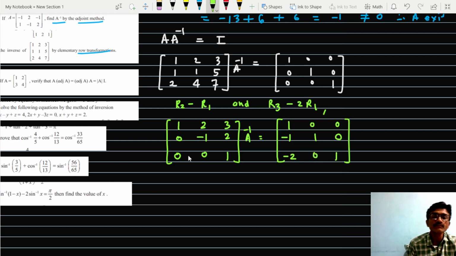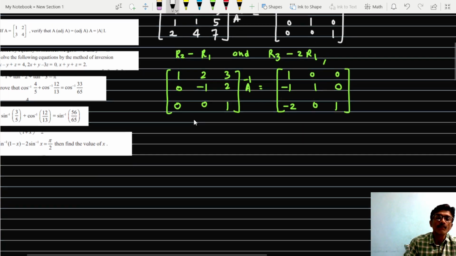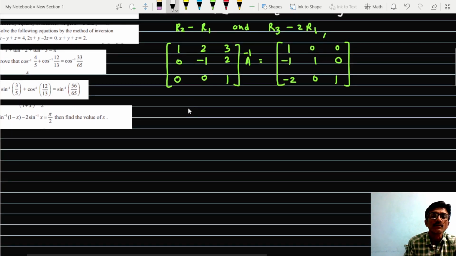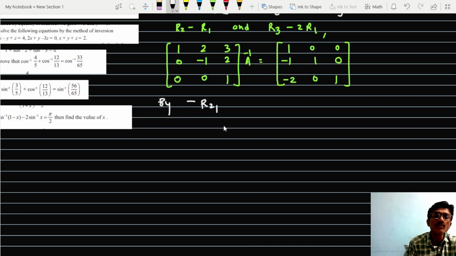After this, make this element 1, so multiply this row by the negative sign. So minus of R2 will give us, see, the first row as it is 1 2 3, and on the A inverse right hand side, the first row as it is 1 0 0.